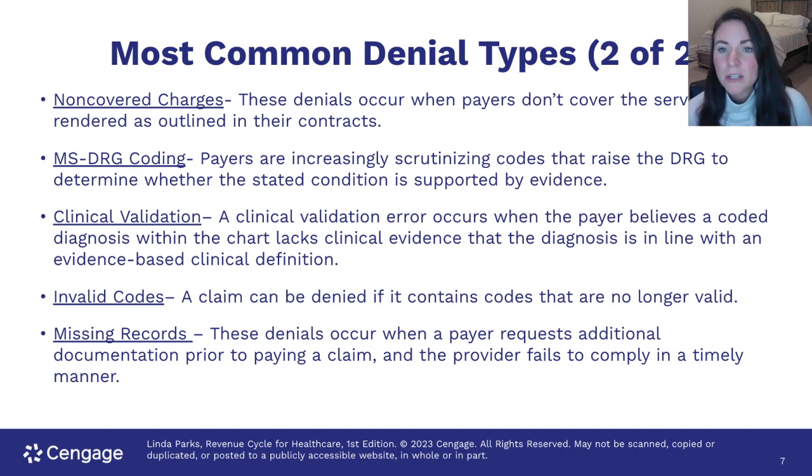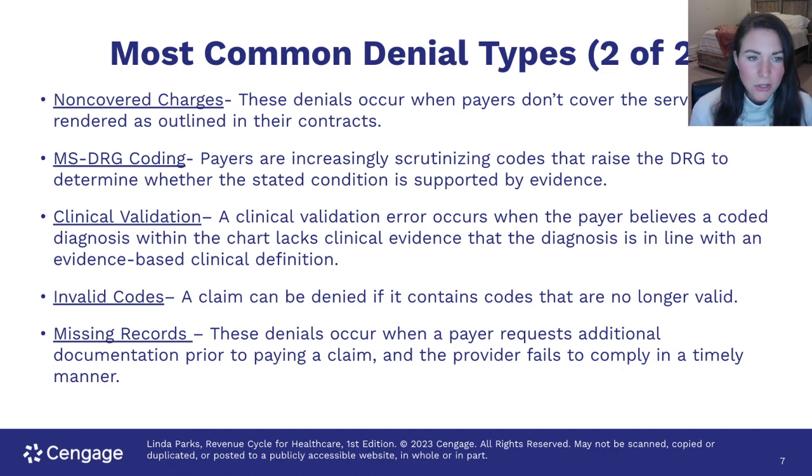MS-DRG coding. When there's one code that raises the DRG, remember, if the DRG goes up, the payment goes up, then the payer is going to look at it extra close just to make sure it's legit, right? Because they don't want to pay more money than they need to. A clinical validation error happens when the payer thinks a coded diagnosis doesn't have enough evidence in the chart to prove that the diagnosis was accurate, basically, that the patient's condition maybe wasn't that severe.